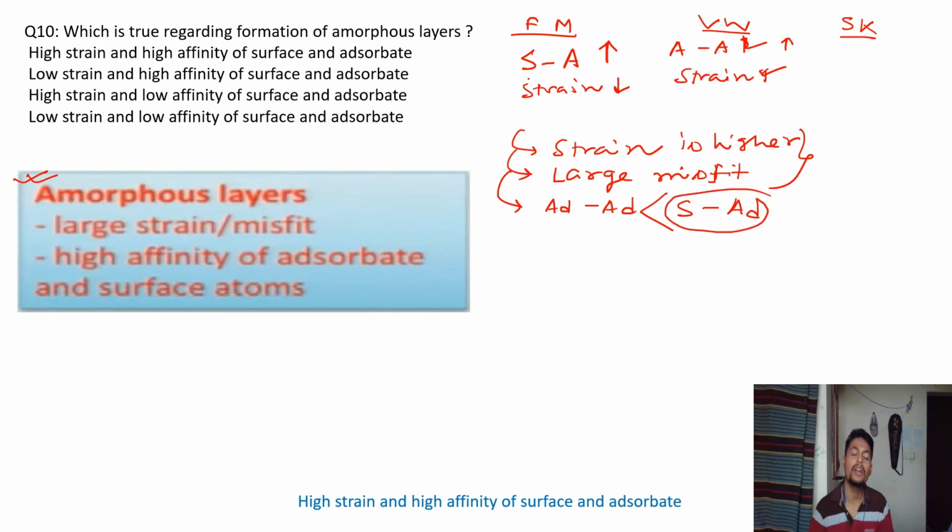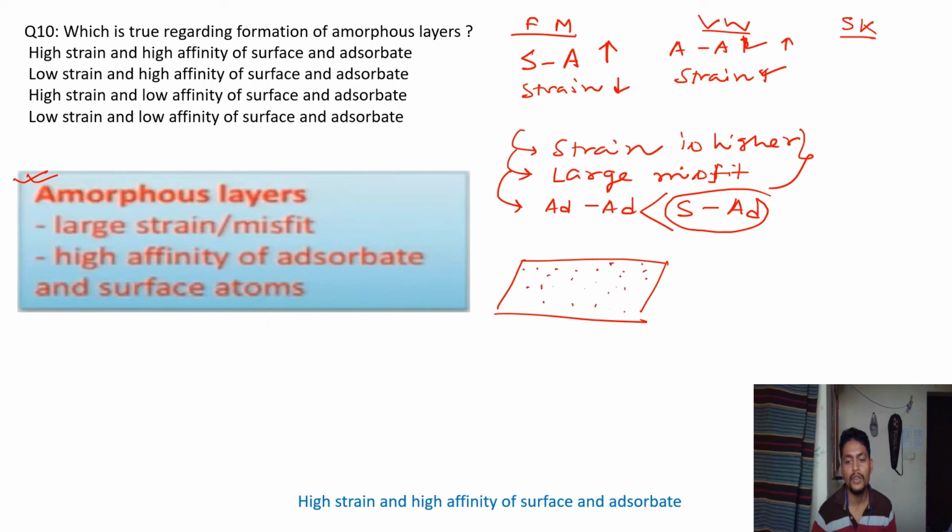When surface adsorbate interaction is higher, normally FM growth can be observed, but at that time strain needs to be less. But if the strain is also higher and surface adsorbate interaction is also higher, what will happen? On the surface there will be only very little growth, and that is nothing but the amorphous layers. So this is large strain with high affinity of adsorbed atoms to surface atoms. So what will be my answer? This one, right? So these are the questions that need to be addressed.